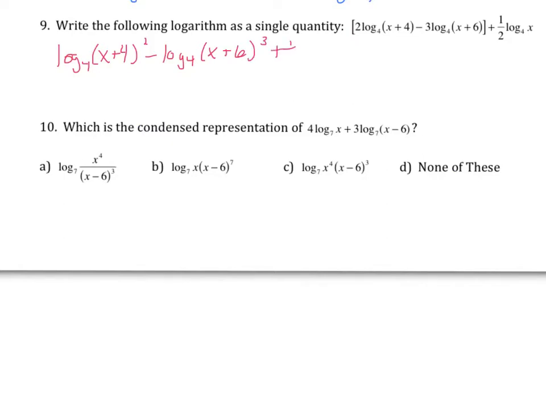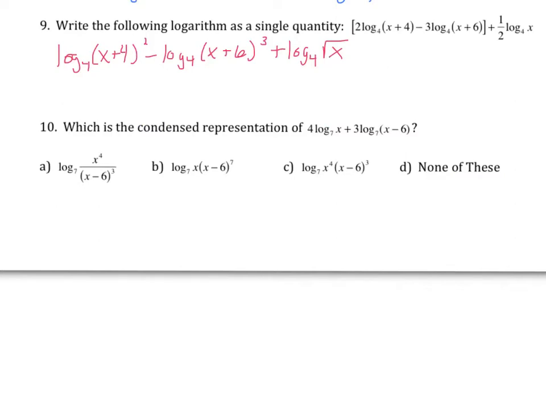Oh, sorry, the 1/2 is going to move. Let's take that 1/2 and move it. So we'll have log base 4 of, I'm just going to write it as the square root of x, because raising x to the 1/2 is the same as square rooting it.